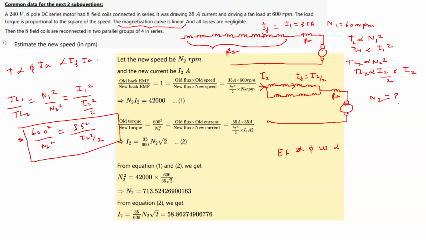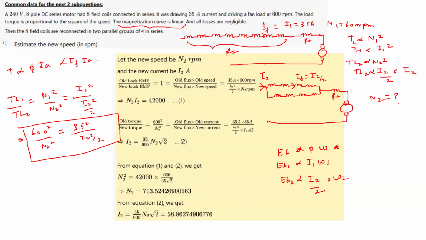Now for the first case, EB1 is proportional to, because phi is proportional to field current IF, and IF in the first case is I1, so this is I1 into omega 1. Now in the second case, EB2 is proportional to IF into omega. Now IF in the second case is halved, because of this parallel connection. So this is I2 by 2 into omega 2.